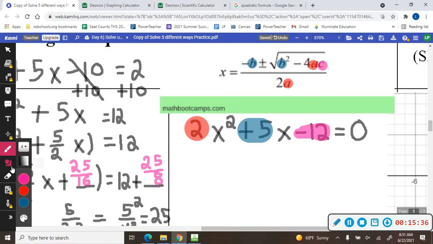So filling this in, this part's going to stay the same.